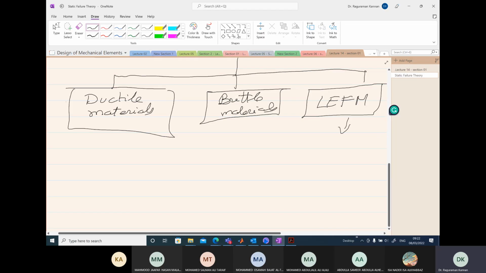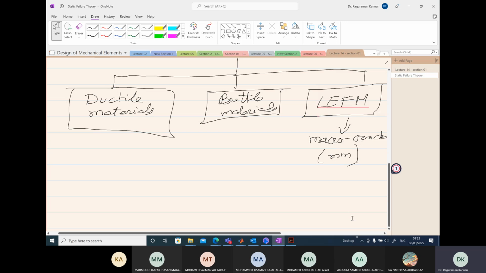Macro cracks. What is a macro crack? It has significant dimensions, in the order of millimeters, not micrometers. Then what kind of effects does the presence of such cracks have on the life of the material? That is what we are going to see.